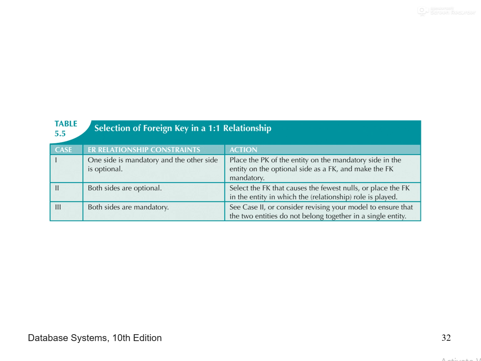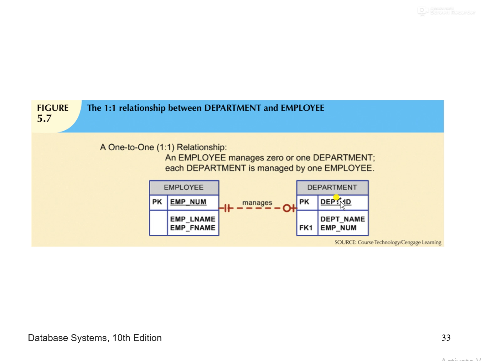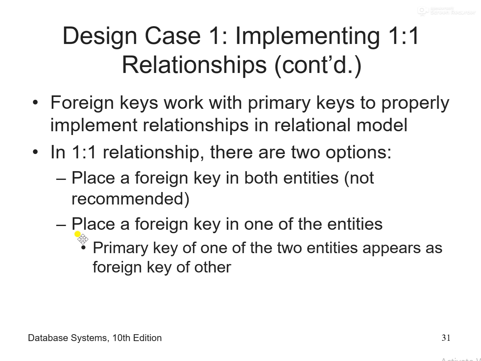Like here for example, we have employee and department, and they are in one-to-one relationship with each other. So the first option is we can place department ID as a foreign key in the employee table and employee num as a foreign key in the department table. But they said that this is not a recommended option.